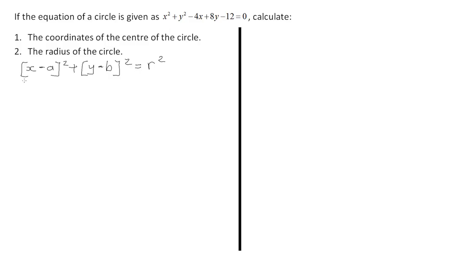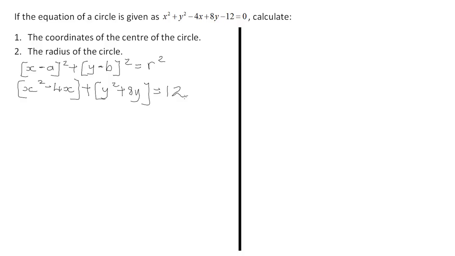What does that mean? Firstly, we need to rearrange all our x's together. And then we rearrange all our y's together. And we need to move the constant to the right-hand side. It was minus 12, it will now become plus 12.